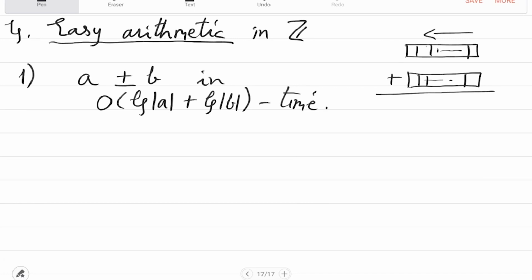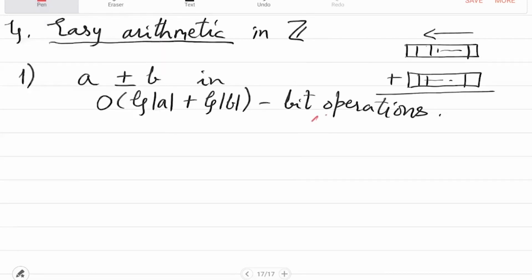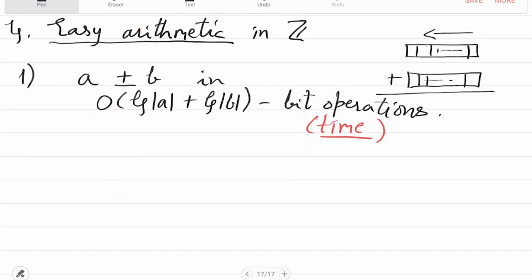To be precise, actually these are the bit operations. When we say time, we really mean this, at the level of a Turing machine, which only understands bits.